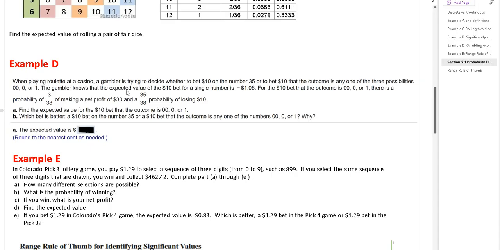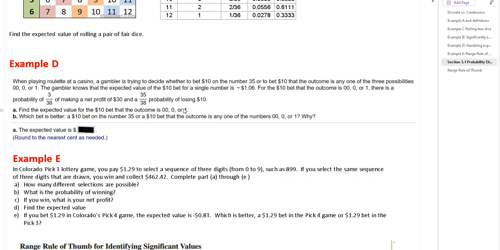The gambler knows that the expected value of a $10 bet for a single number is minus $1.06. For the $10 bet that the outcome is 0, 00, or 1, there's a 3 in 38 probability of making a net profit of $30 and a 35 in 38 probability of losing $10. Find the expected value and then which bet is better.